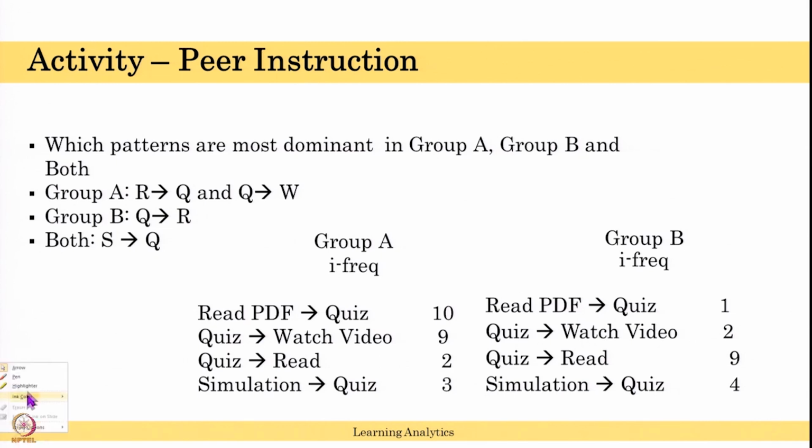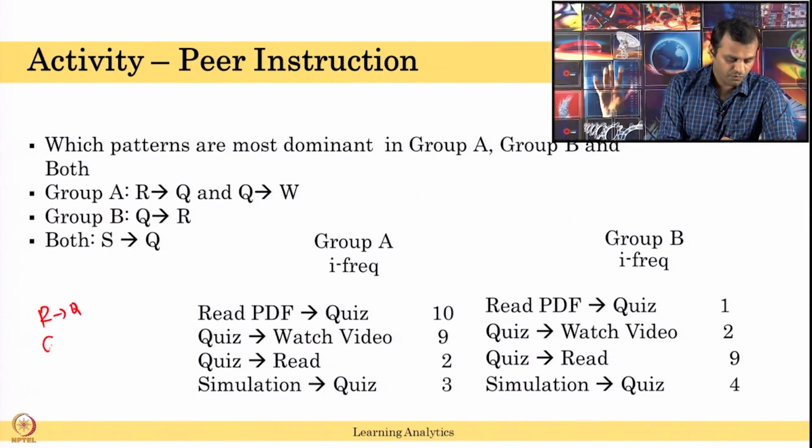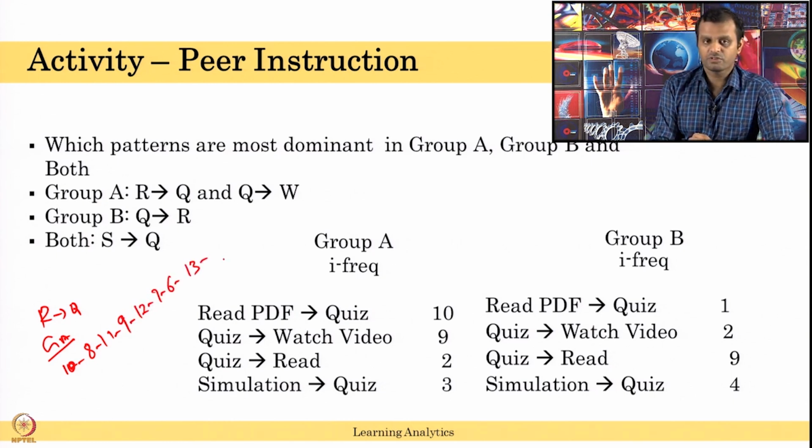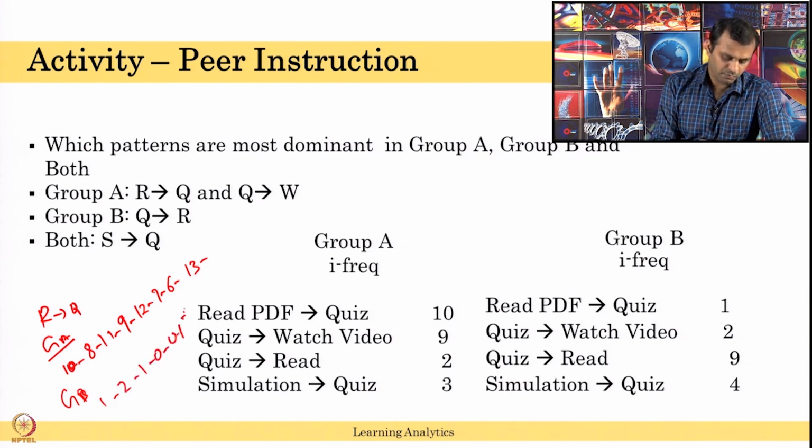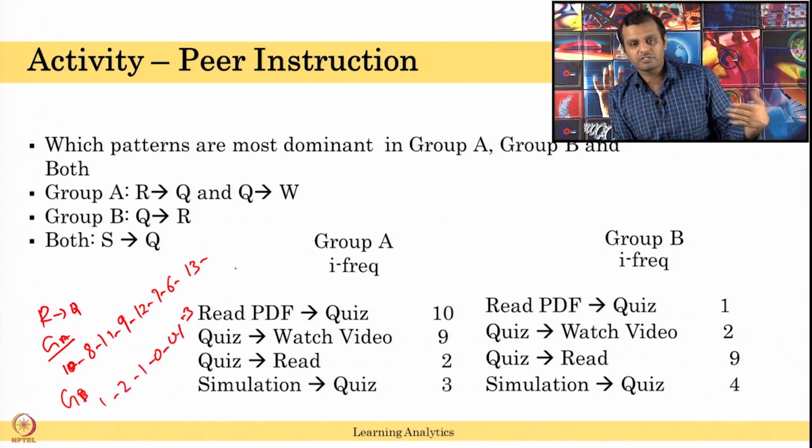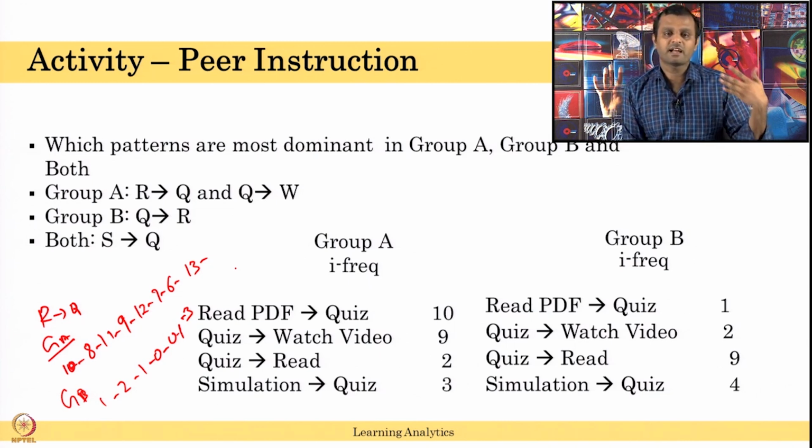Let us say for read to quiz, for group A, it occurred in this kind of sequence: 10, 8, 11, 9, 12, 7, 6, 13. And for group B, it occurred in something like this. There are 2 sequences. You can use these 2 sequences to create a statistical significance test like a t-test or a Mann-Whitney test.